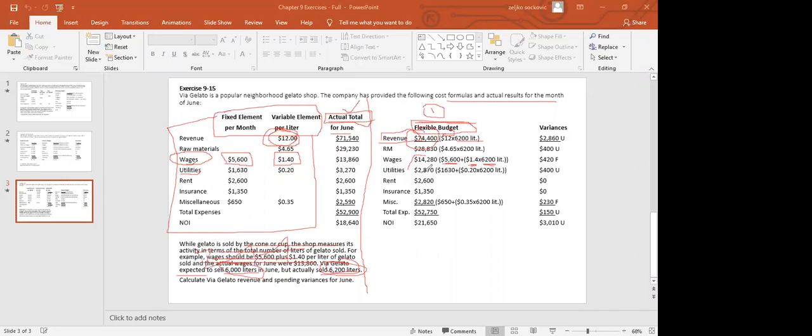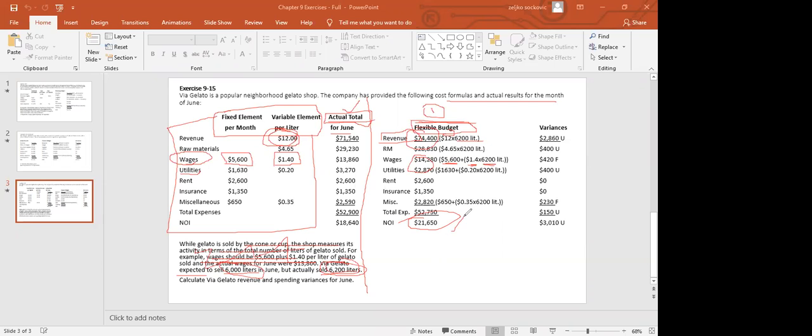This will give us wages of 14,280. So we go down through all the items, and we get our net operating income of 21,650. Okay. So now the question can be any item here, or total net operating income or whatever.